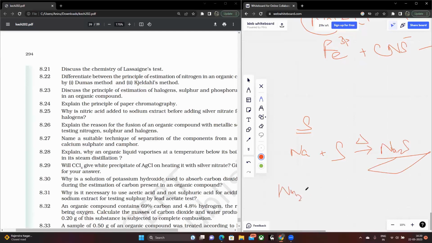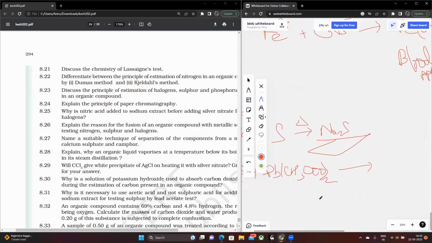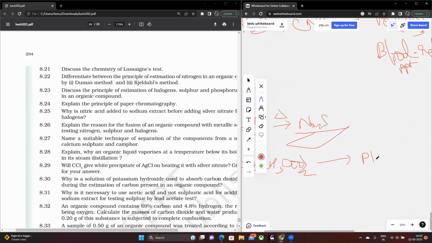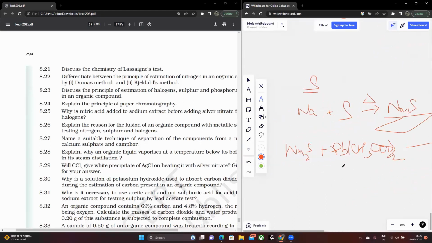You acidify the solution and add lead acetate, which is soluble in water, (CH3COO)2Pb, in an acidic solution. What happens is it forms lead sulfide precipitate, which is black in color. So this is a very good test for sulfide.